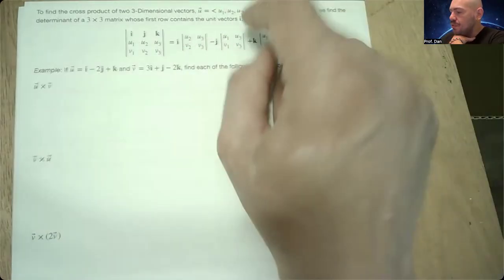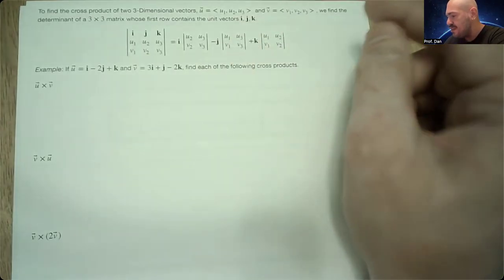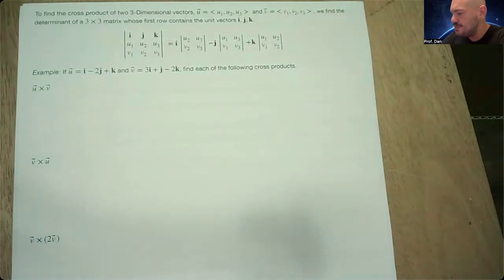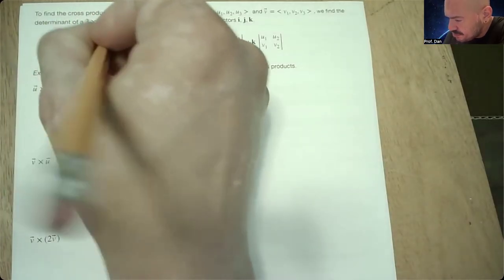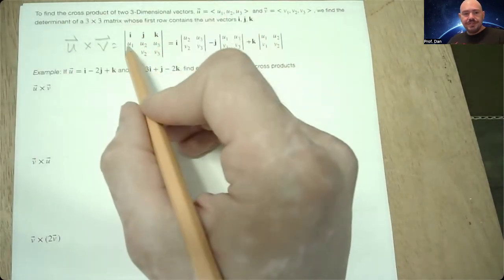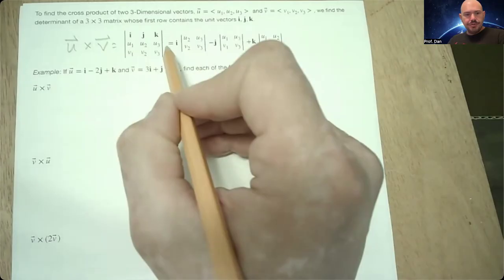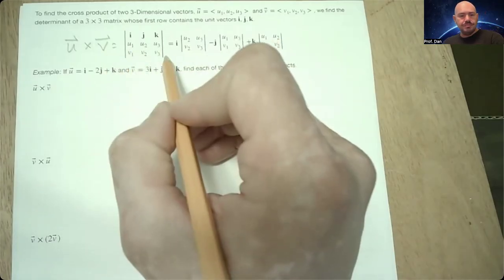So if I wanted to find, say, U cross V, I'll write that here. All right, I would put the elements of the vector U as the second row, elements of V as the third row.